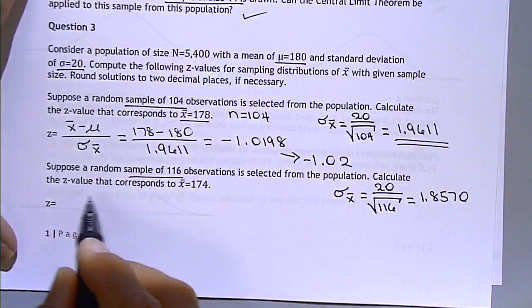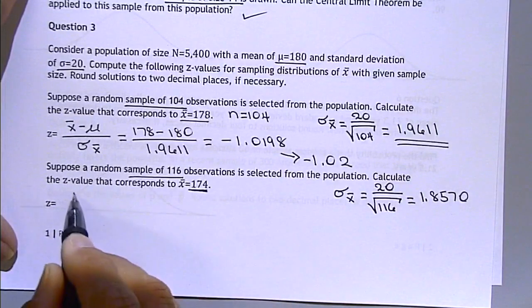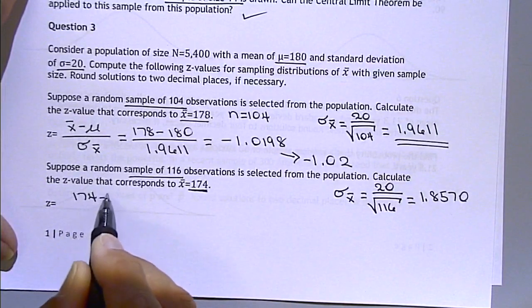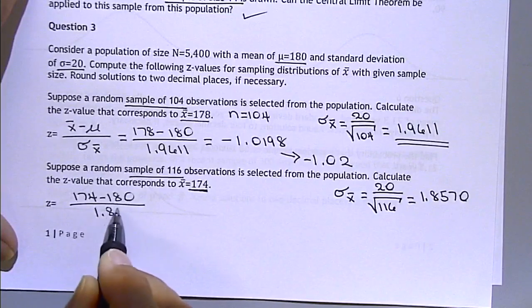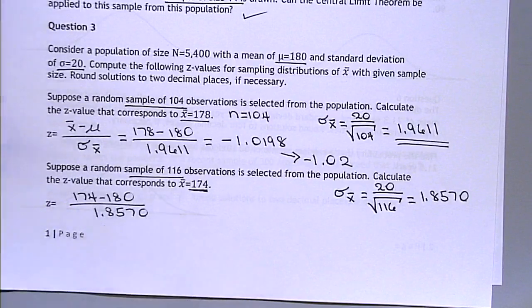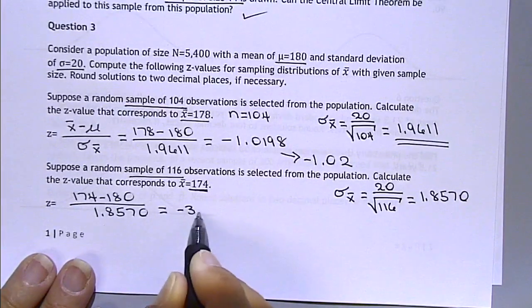Okay, the rest of it's easy. What are they interested in here? Well, sample mean of 174. They also changed that, didn't they? But the difference here is I'm really dividing by a different standard deviation, right? I'm getting a negative 3.23 here.